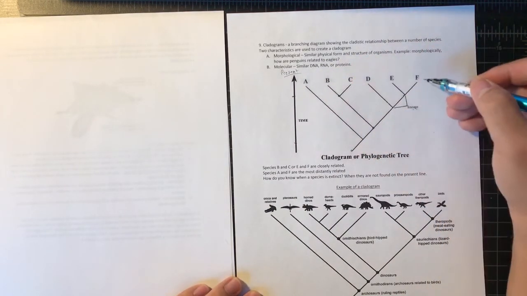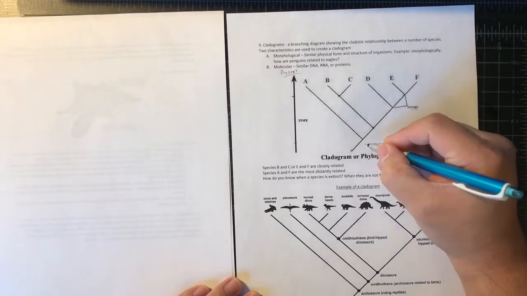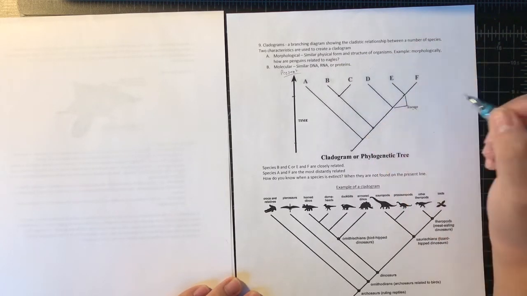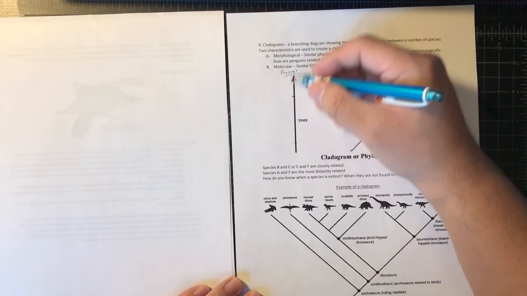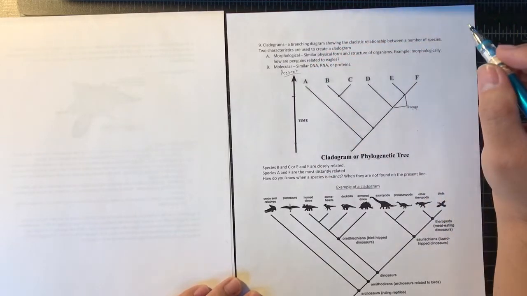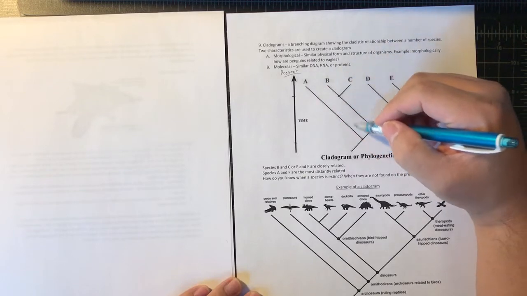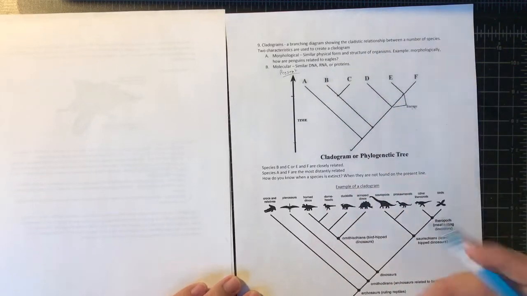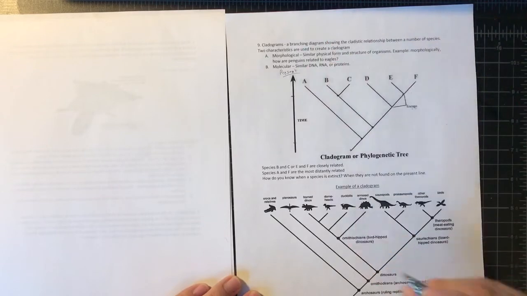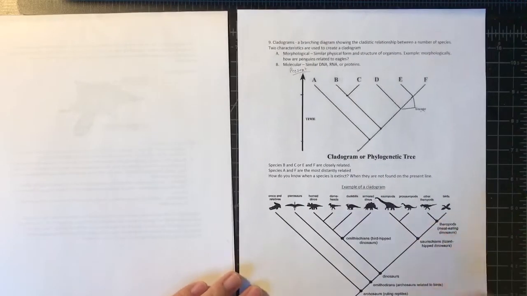Whereas A and F split off somewhere around this line right here. So a long time has passed, and most likely many changes have occurred as they evolve to fit their environment, and changes will occur over time. Remember, that's what evolution is: changes that occur in an organism over time.